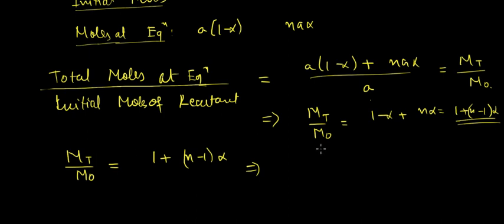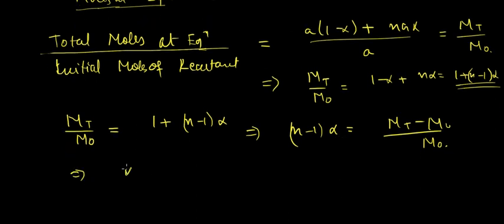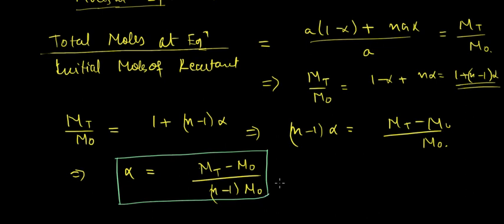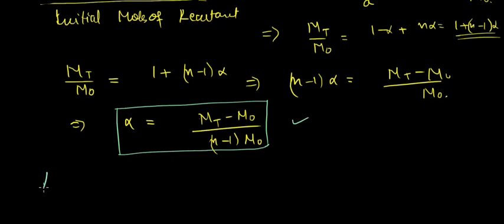So (N minus 1) alpha would be equal to (MT minus MO) divided by MO, and from here we can get the value of alpha as (MT minus MO) divided by (N minus 1) MO. Where MT, I am again reiterating, is the total moles of the mixture.